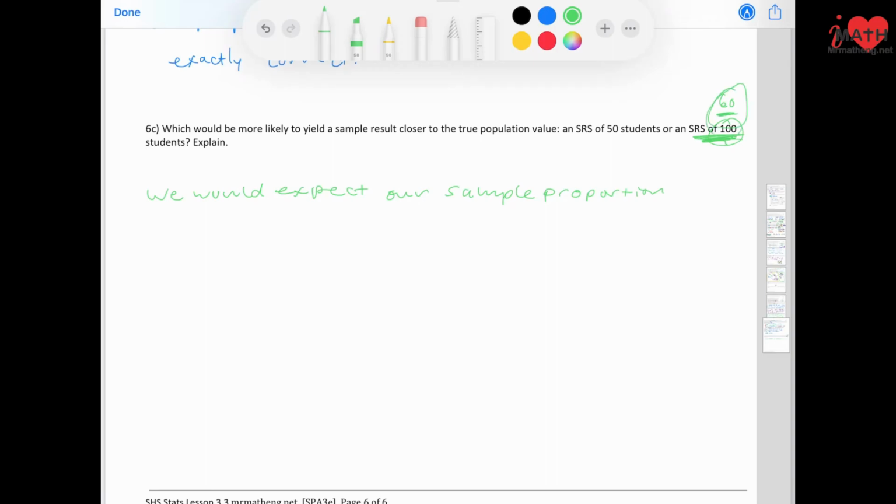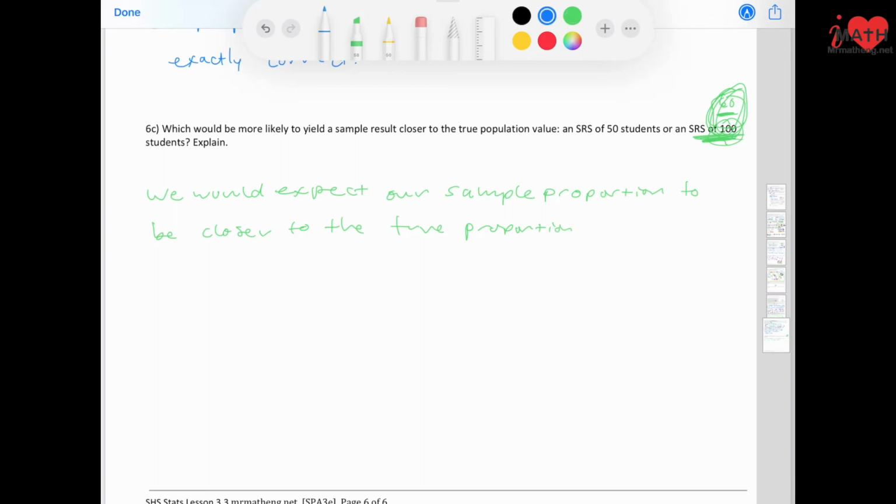So my proportion or fraction is 60 out of 100. But again, if you take more, it's better. We would expect our sample proportion to be closer to the true proportion.